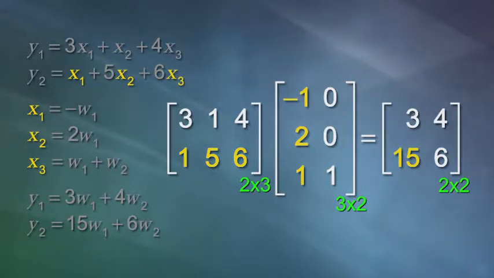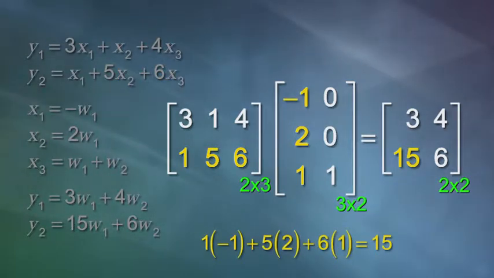If you look closely, you see this computation is just the dot product of the second row of the first matrix with the first column of the second matrix. The pattern in these changes of variables suggests a natural notion of multiplication of matrices, which we now define carefully.